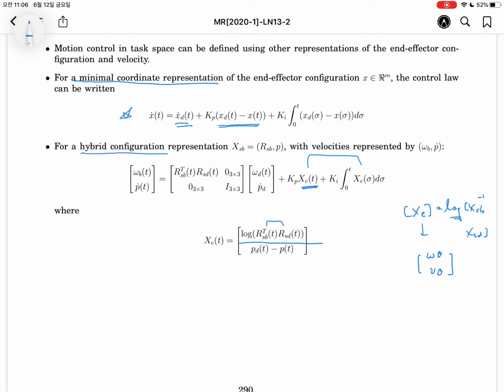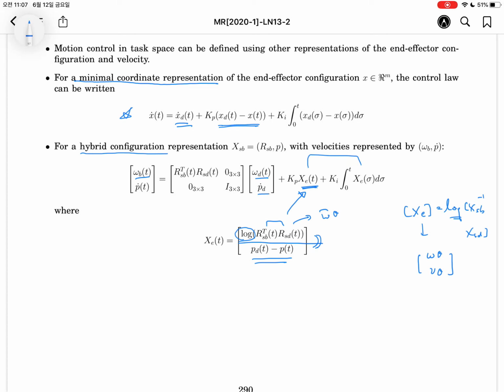So the rotation transpose and the rotation will be used, and then take a log parameter. Maybe it can be assigned like this, can solve like this. Then the position error is applied. This separated six-dimensional value will be applied.